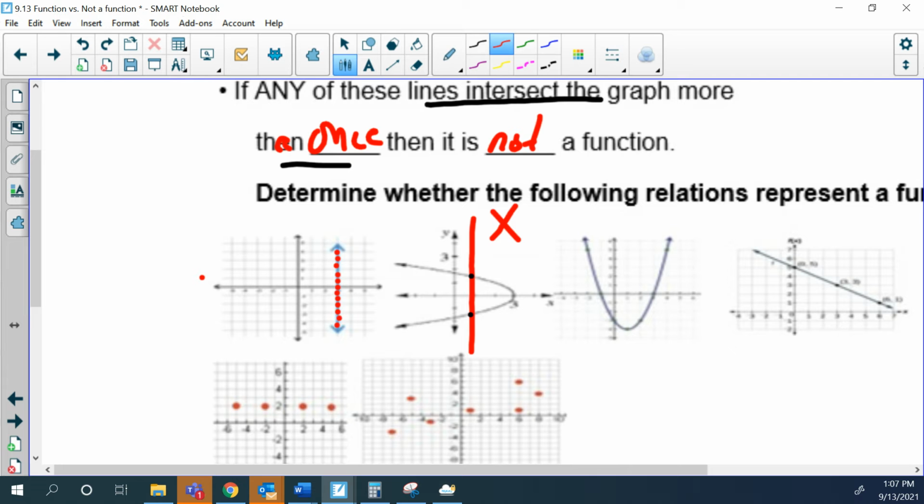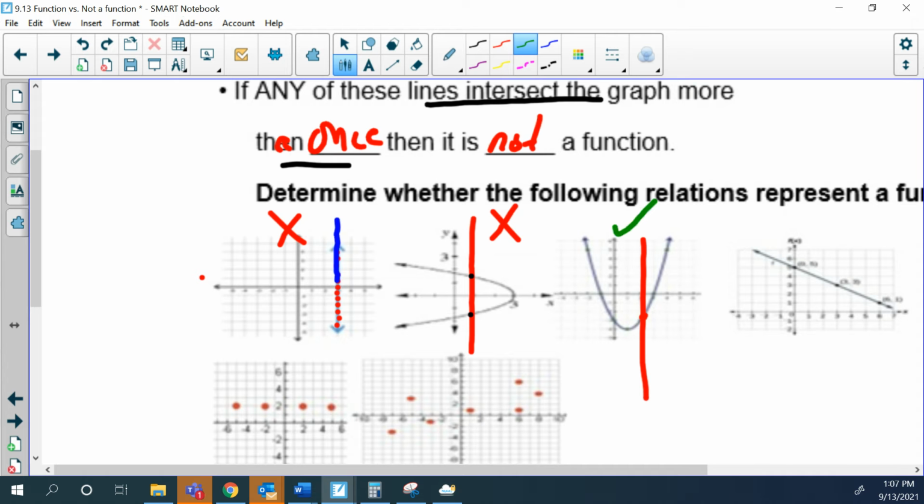If I draw a line along here, it's going to cross 1 point, 2, 3, 4, 5. So that line crosses more than 1 point, and this is not a function. If I draw a line through here, it only crosses the graph at 1 point. So yes, this is a function.